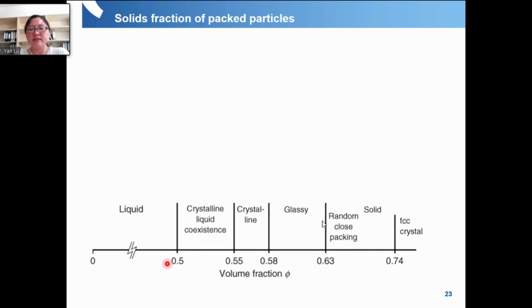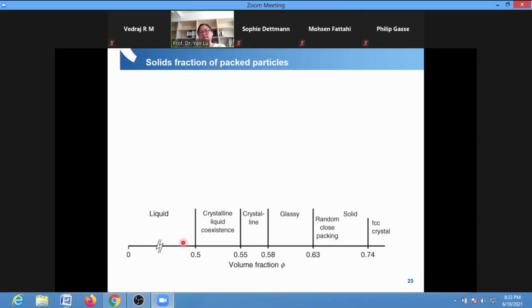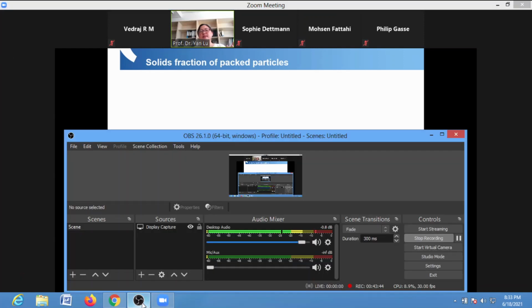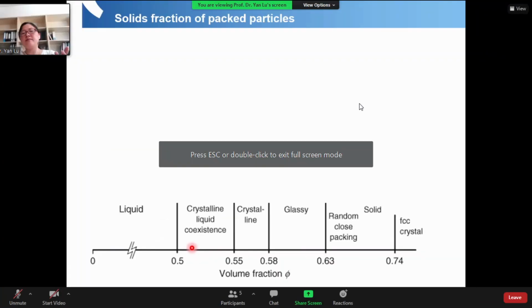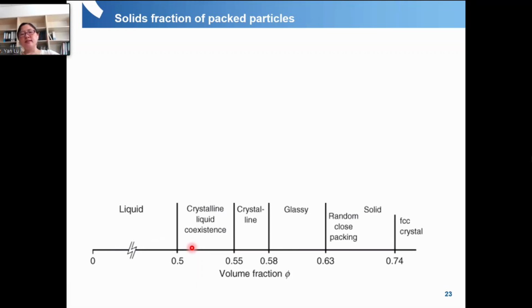So this is for the hard spheres. If the volume fraction of the spherical particles is lower than 0.5, it's a liquid colloidal system. When you increase the volume fraction, meaning you increase the solid content of particles, it will form a crystal-liquid coexistence in the system, and then it will start to crystallize.